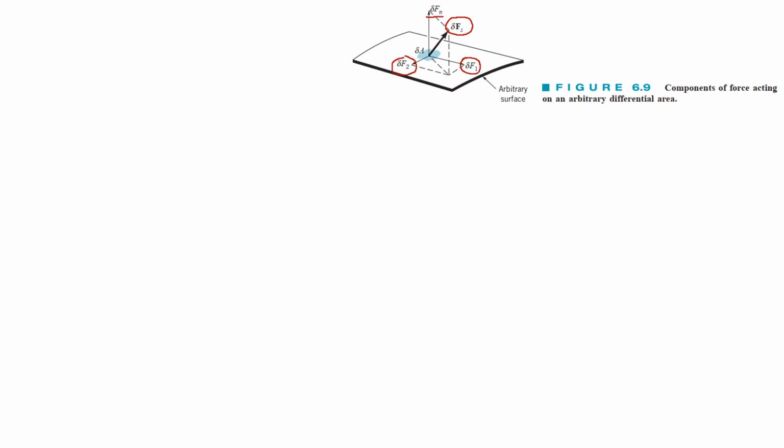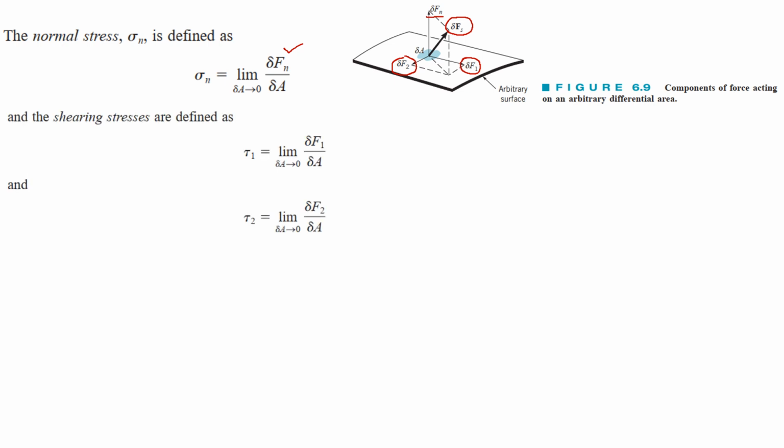These forces will result in stresses. The normal stress will be due to the force normal to this differential area dA, and the shear stresses will be due to the two forces F1 and F2 that lie in the plane and act on this differential area.